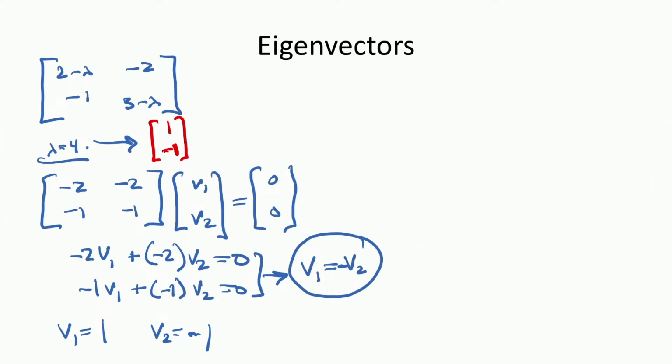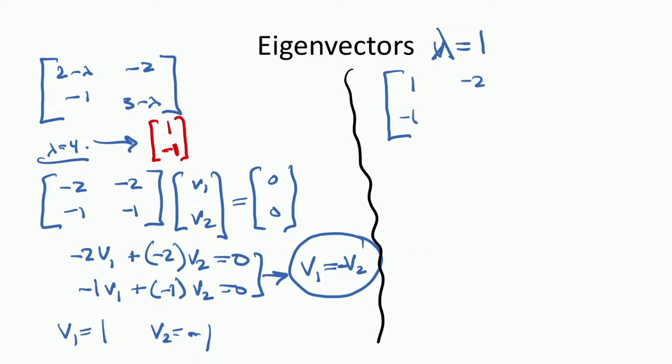But for now, let's get our second eigenvector. There we go. So let me set this up. So now I'm going to use lambda. Whoa, that's a V. Lambda is equal to 1 was the other eigenvalue. So we have 2 minus 1, and then -1, and 3 minus 1, which is 2. There we go. V1, V2 is 0, 0.